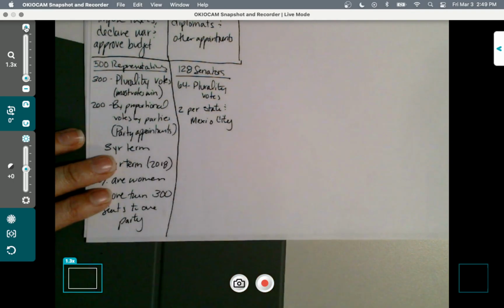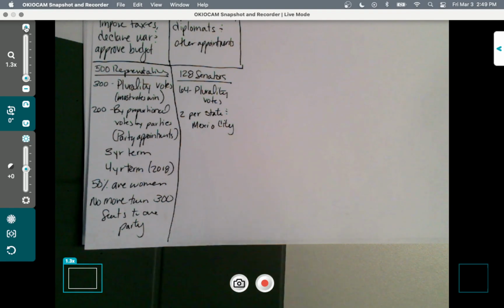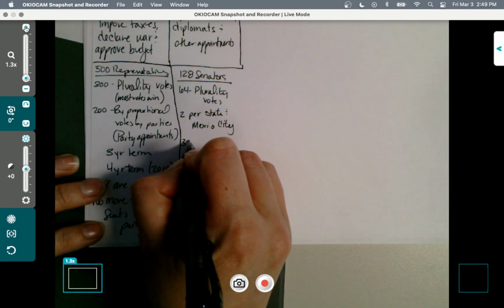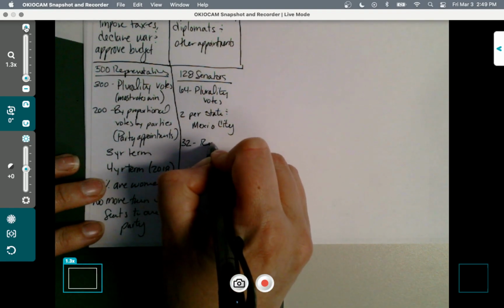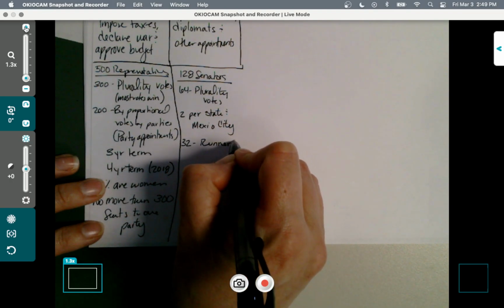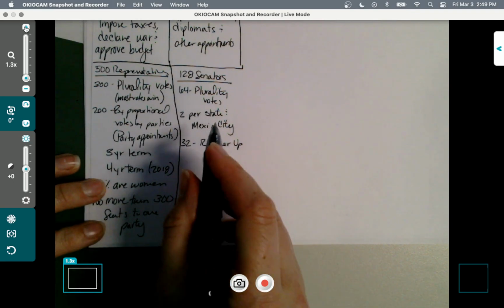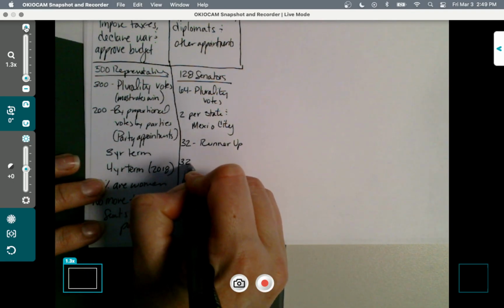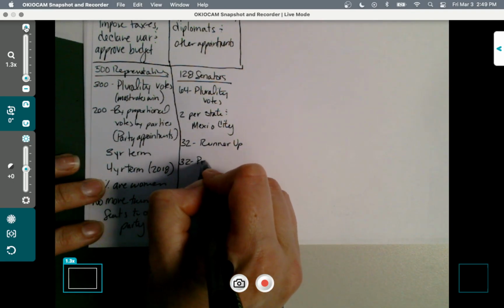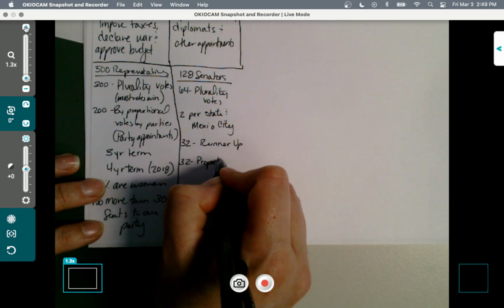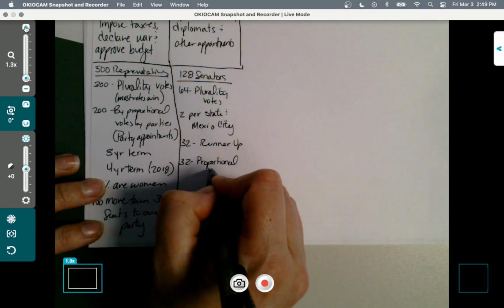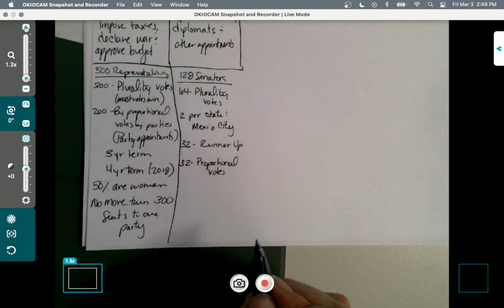Mexico City gets its own appointments, just like in the United States. 32 are runner-ups. Okay, so first and second place get to go to the Senate. 32 are proportional votes, which means the party gets to appoint them.